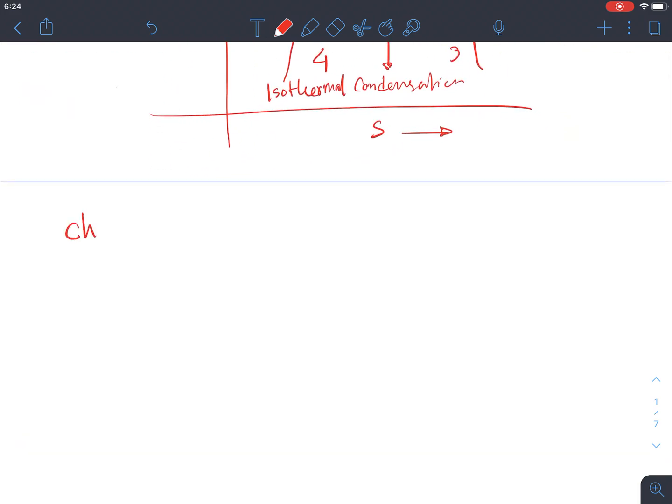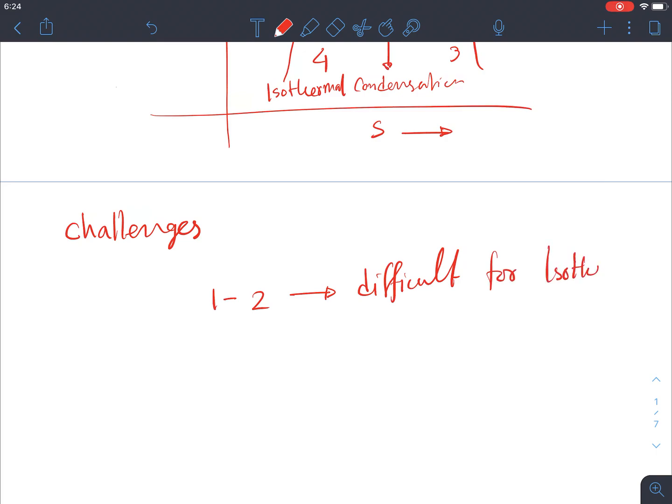So if I write the challenges or impracticalities: the 1 to 2 process is difficult to make isothermal.